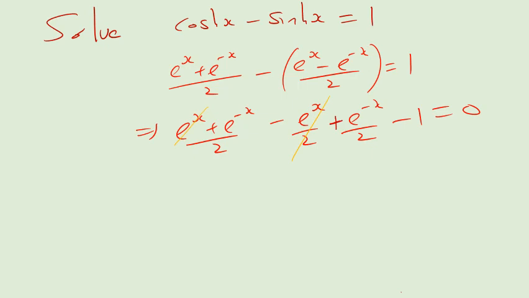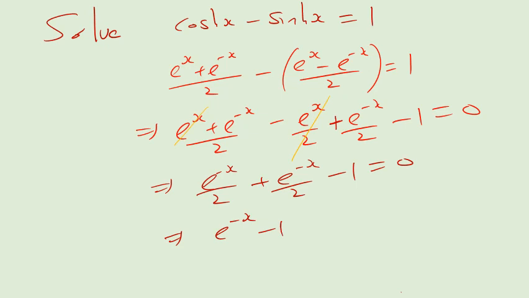So what I'm left with is e^(-x)/2 plus e^(-x)/2 minus 1 equals 0, which is just e^(-x) minus 1 equals 0.